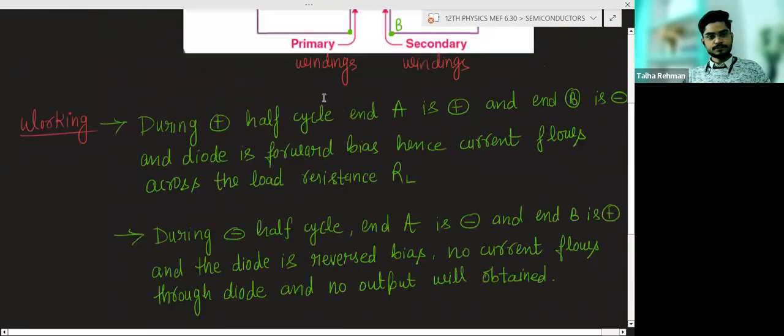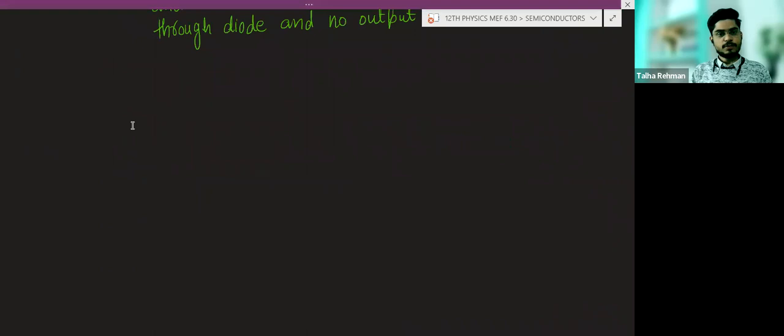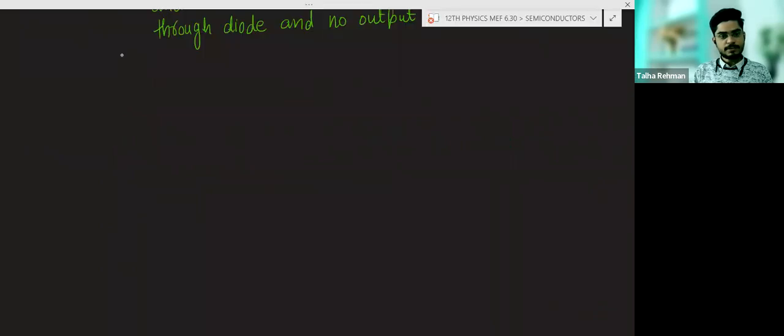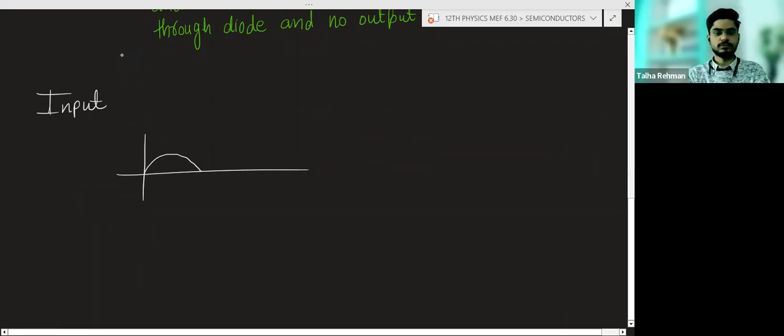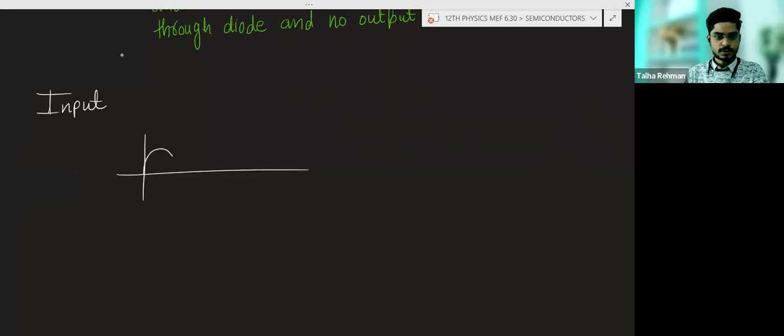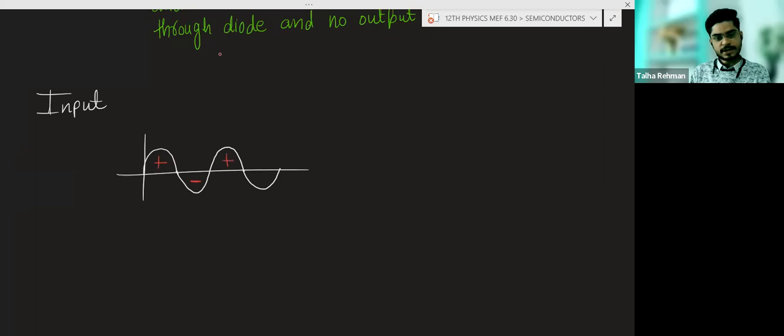So basically, what type of input are you giving? You are giving input like this, and like this, and like this. So this is the positive half cycle, negative half cycle, positive half cycle, negative half cycle.